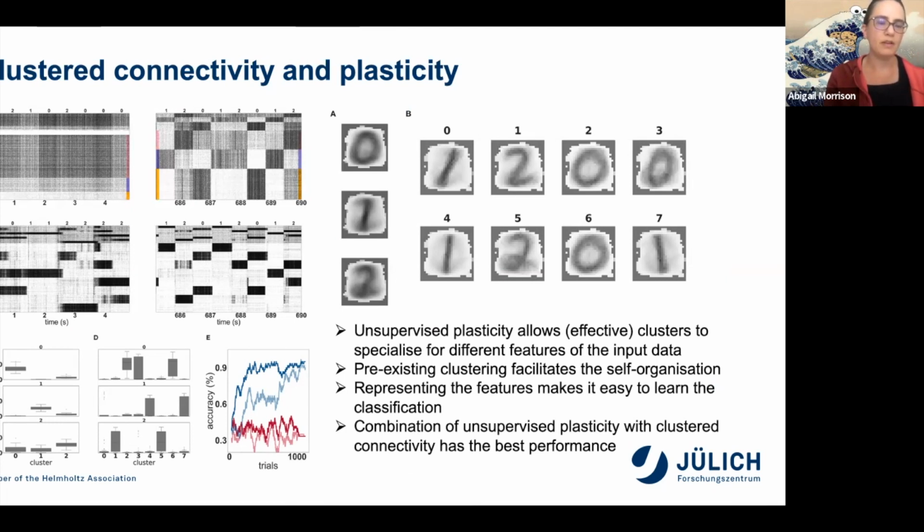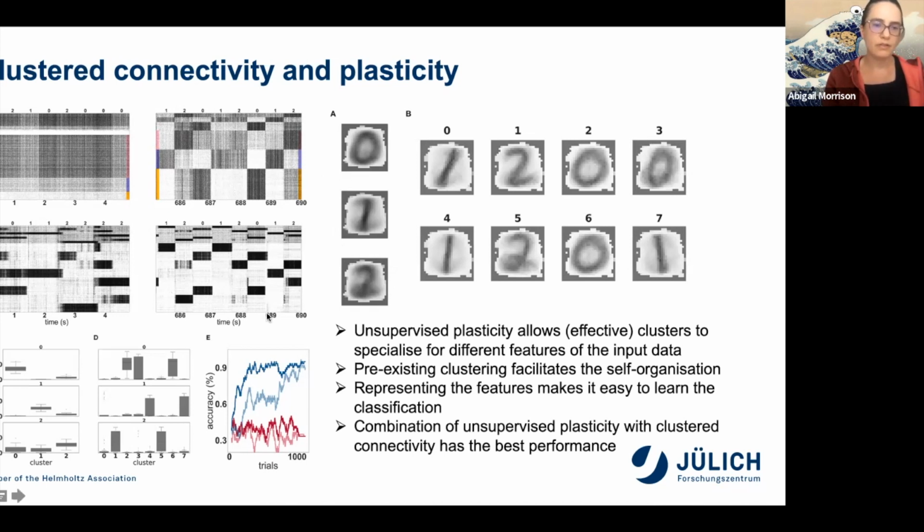And at the beginning, you can see that the network doesn't respond very much to the different digits, but over time, which is what you can see on the right, the network starts responding in a more specific way to the digits due to the unsupervised plasticity on the input projections. And here in the middle, that shows you the maps that those three pseudo clusters have learned. They're not really clusters, because all that's different is the input. They're not clustered amongst themselves.